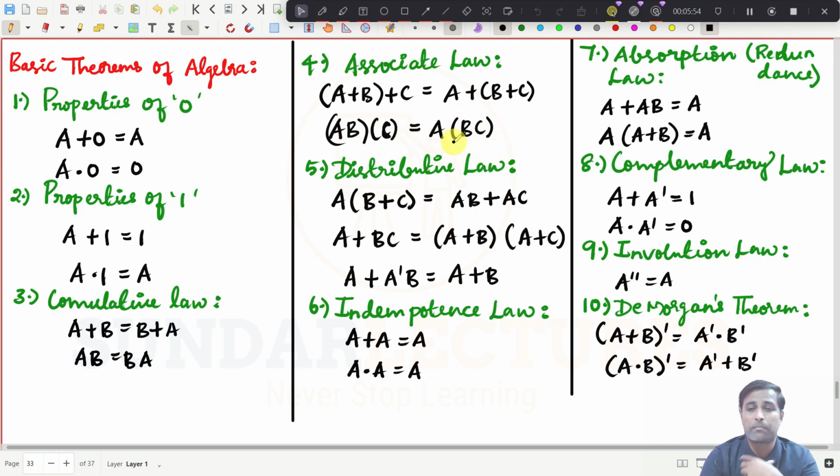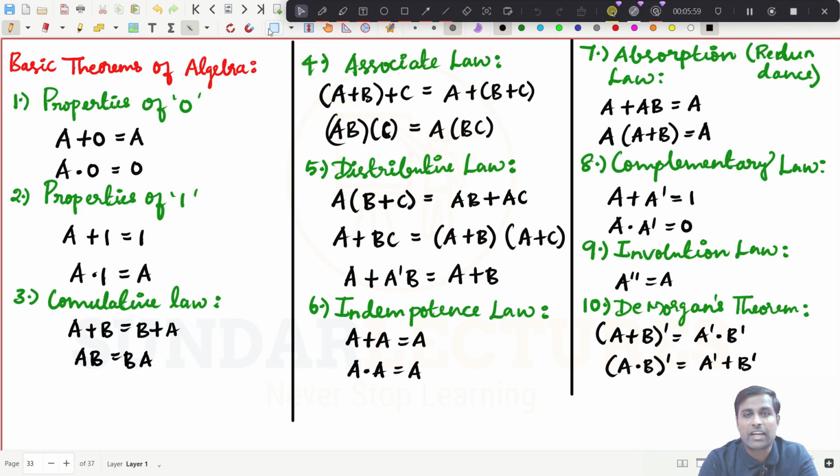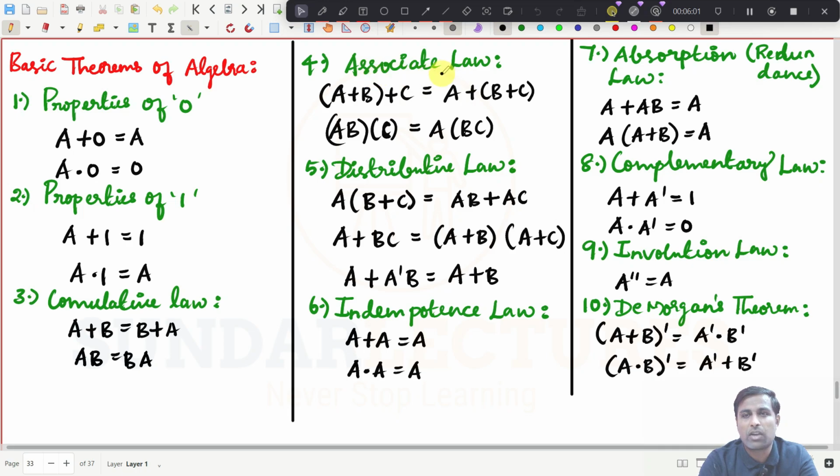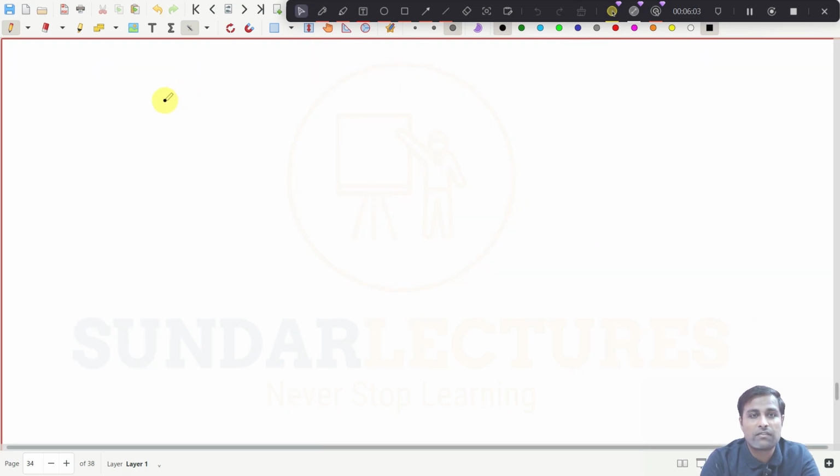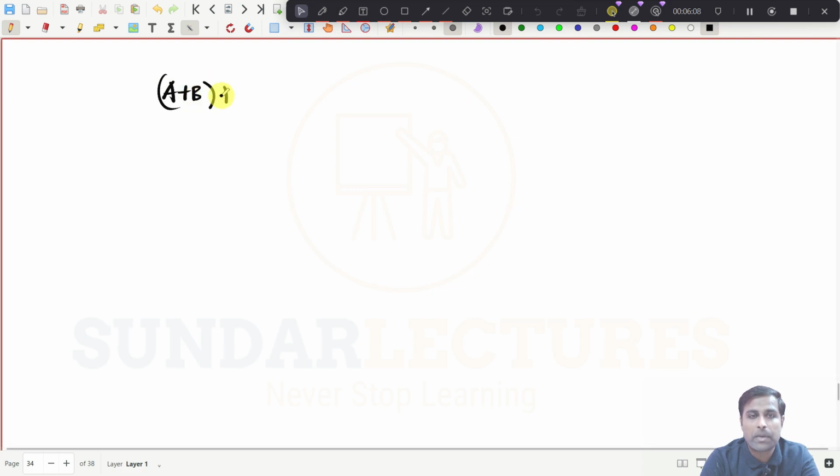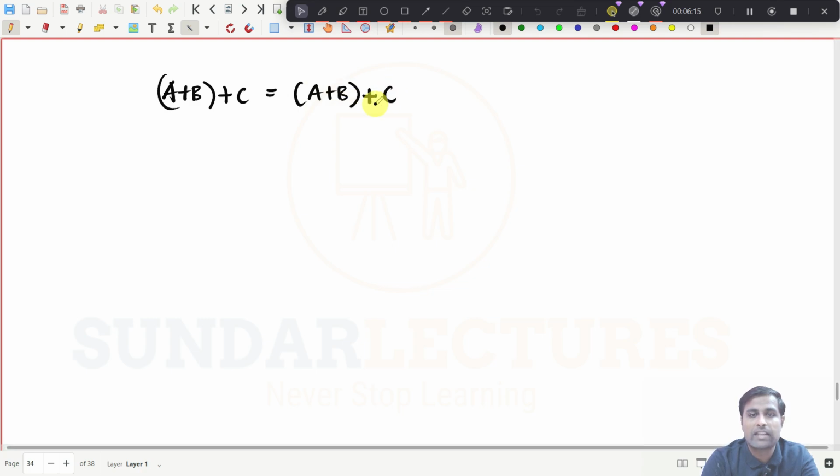One thing I just want to tell you. I will take a new page. In this associative law, we have taken A plus B, then plus C, which can be written as A plus B in bracket and then plus C. See what we can do: if you change this plus operator to a multiplication operator, that will follow the same expression.